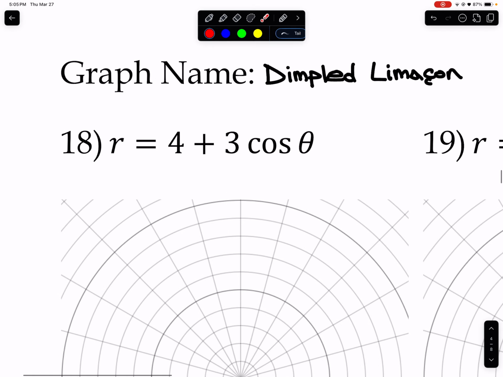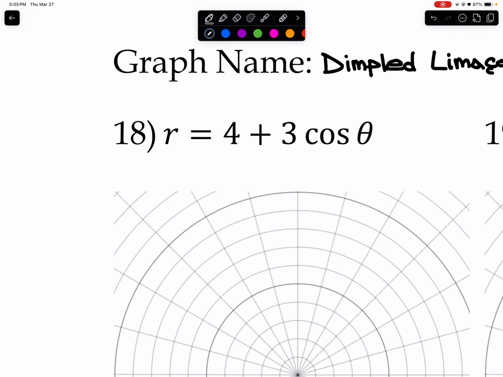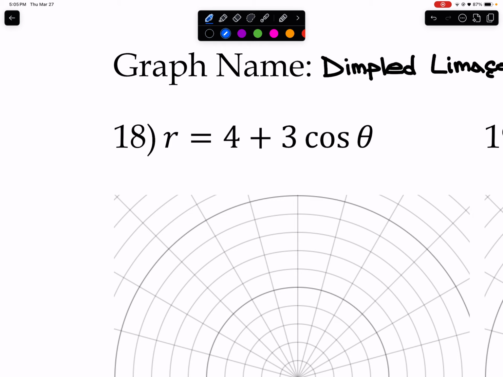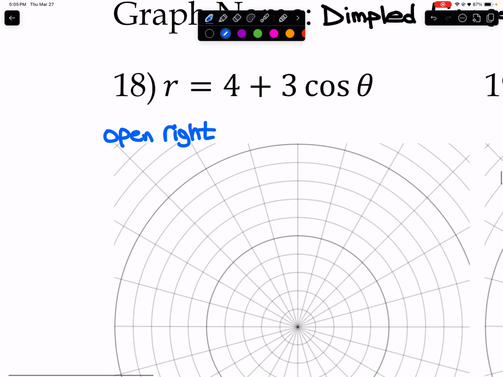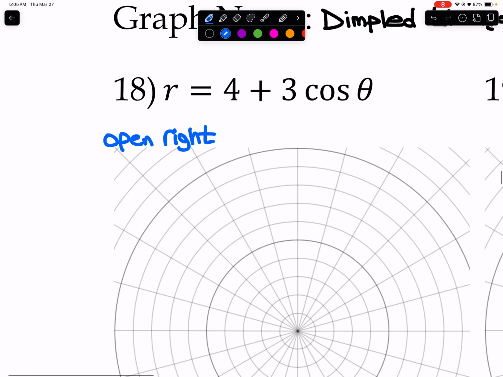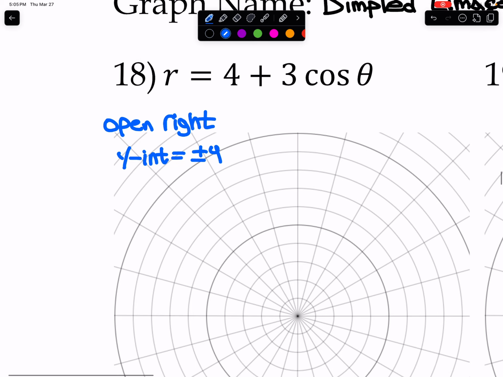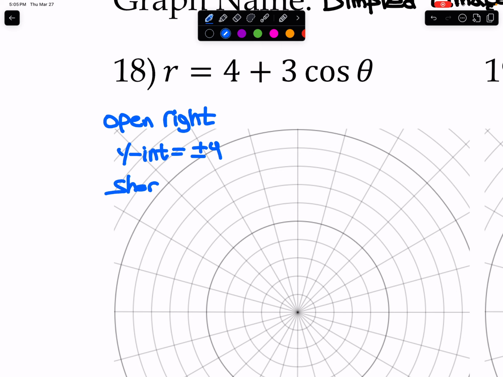So with the dimpled limacon, I'll do number 18. So I have a positive cosine, which tells me it's going to open to the right. And then I'm going to have y-intercepts at positive and negative 4. And then my short side is going to be 4 minus 3, which is 1.